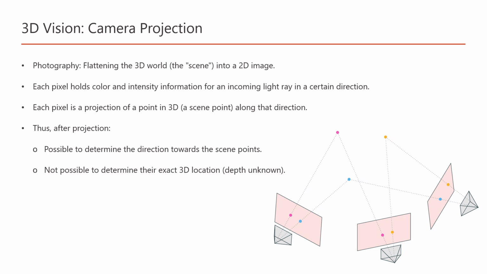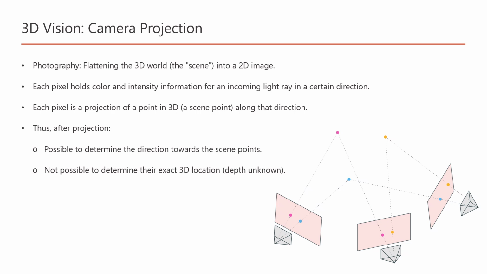So essentially, we know the color, we know the intensity, and very importantly, depending on which pixel we are talking about, that tells us from what direction the light came in. So each pixel corresponds to a certain direction in 3D space. That is the point.